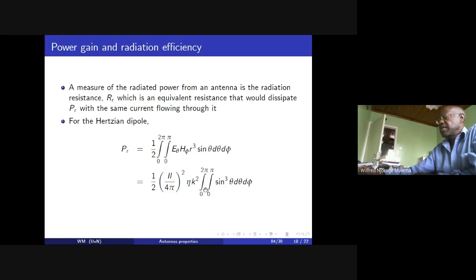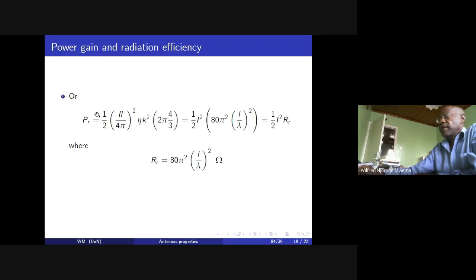And this we can see is what I was alluding to. We just have an integral of sine cubed theta with d theta d phi. Or in other words, we can get a value of that nature, and this is going to be given by a half I squared, that is, we are borrowing out the amplitude of the current, multiplied by 80 pi squared L over lambda all squared. And this is equal to a half I squared R.